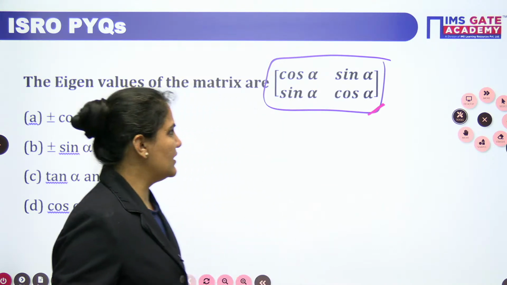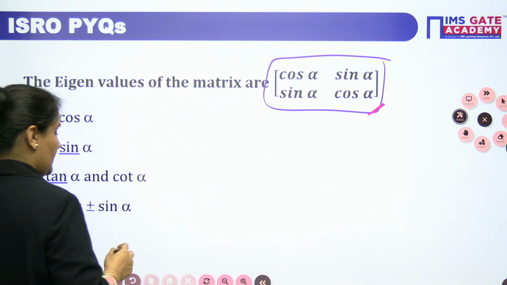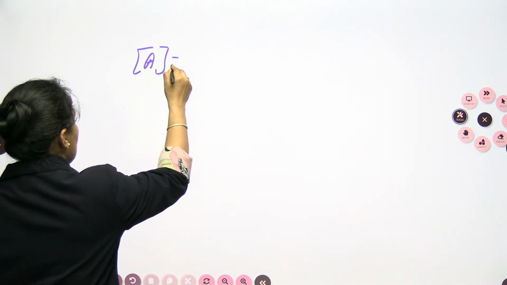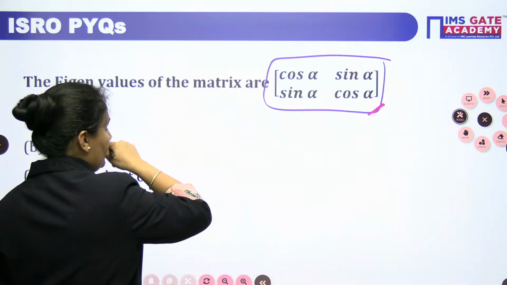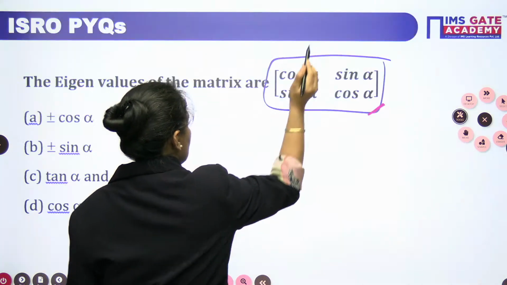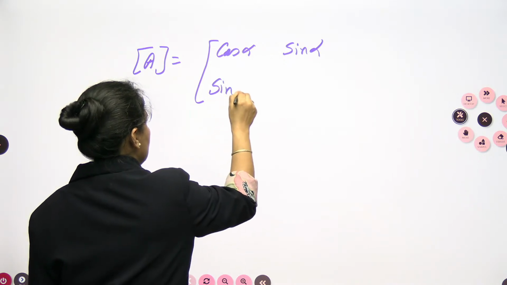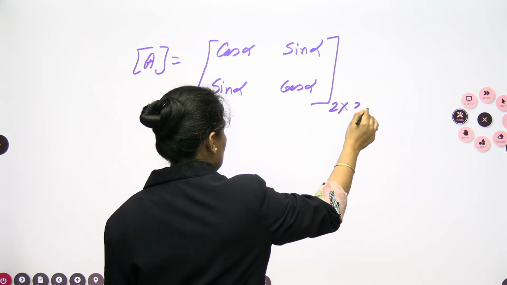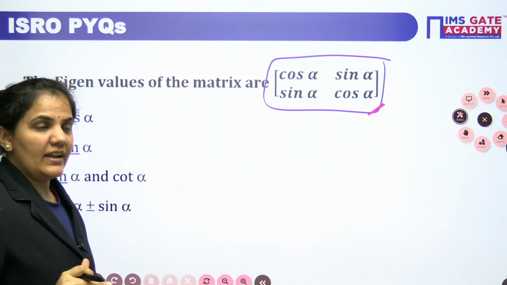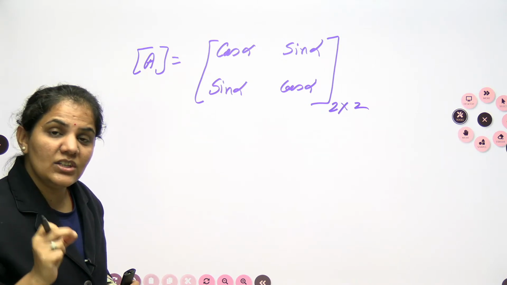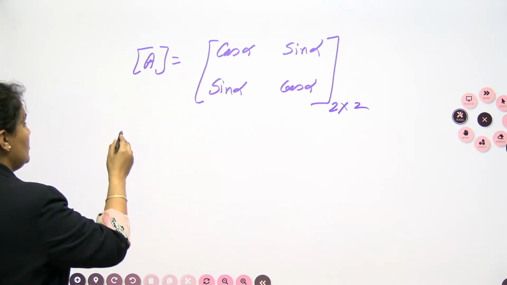So let's see the question, as it is asking about the eigenvalues for the given matrix. My matrix A is equal to [cos alpha, sin alpha; ..., cos alpha]. This is a 2 cross 2 matrix. I need to identify the eigenvalues. As we know very well, in Brahmastra part 1, I will use the sum of eigenvalues.